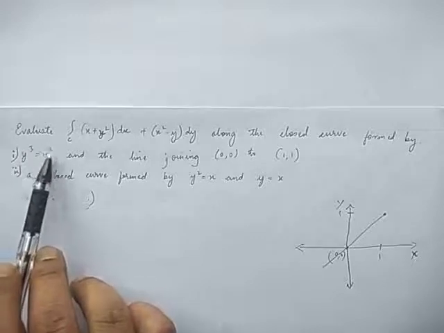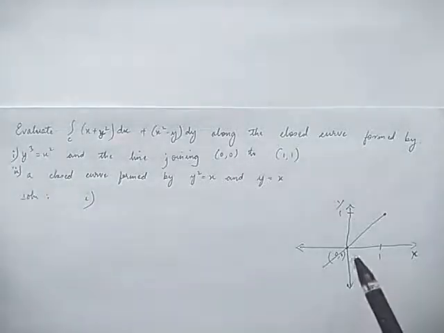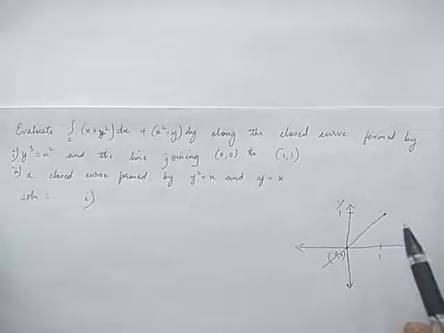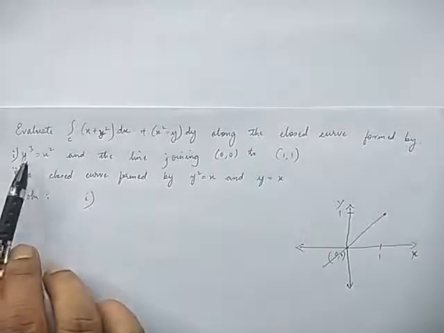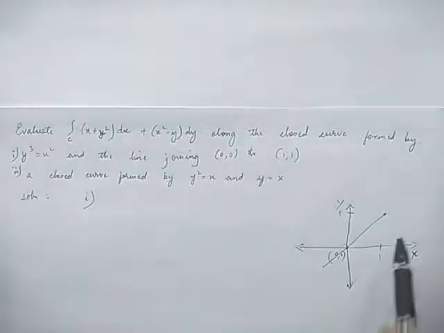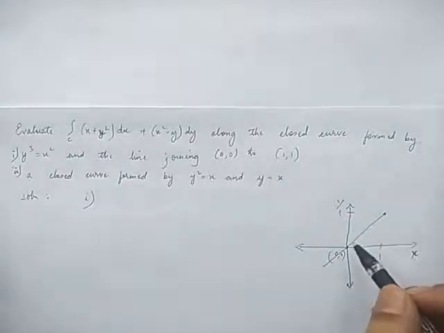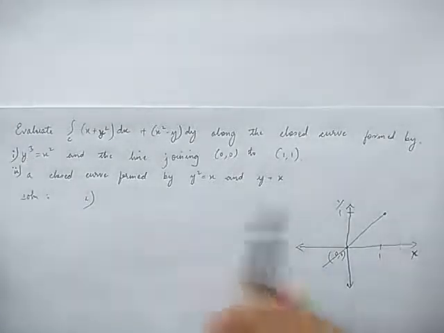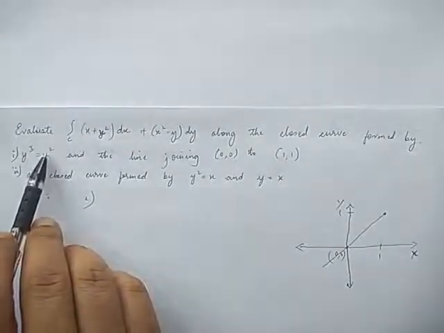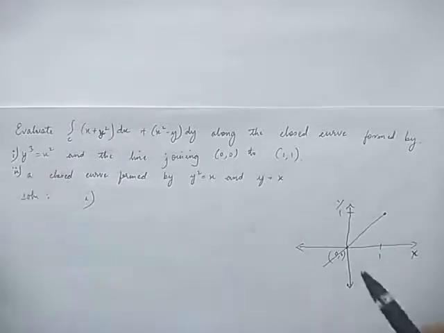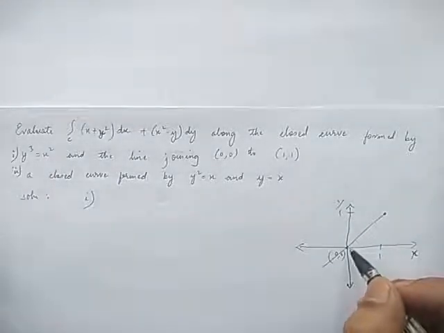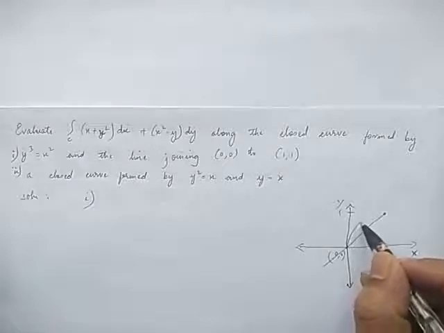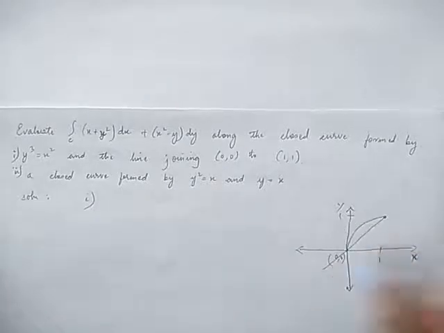If the power of x is less, then it bends towards the x side. If the power of y is less, it bends towards the y side. Here the power of x is lesser, so we can assume that it bends towards the x-axis.